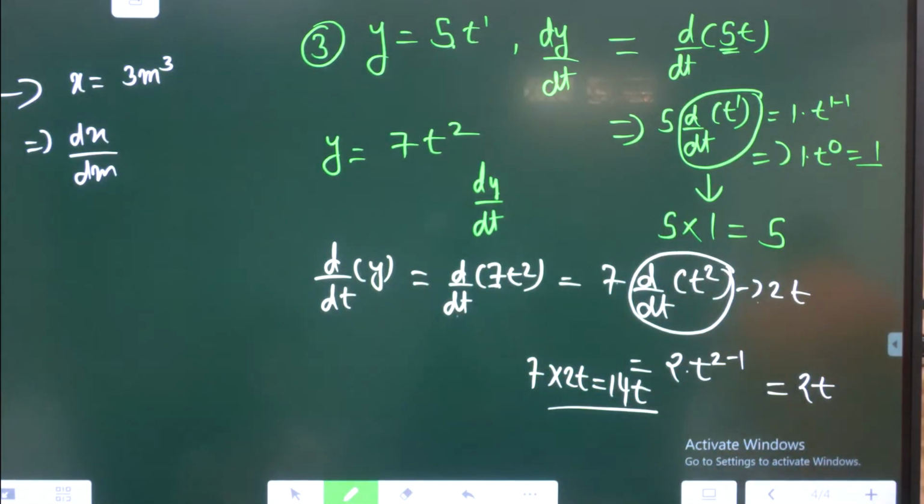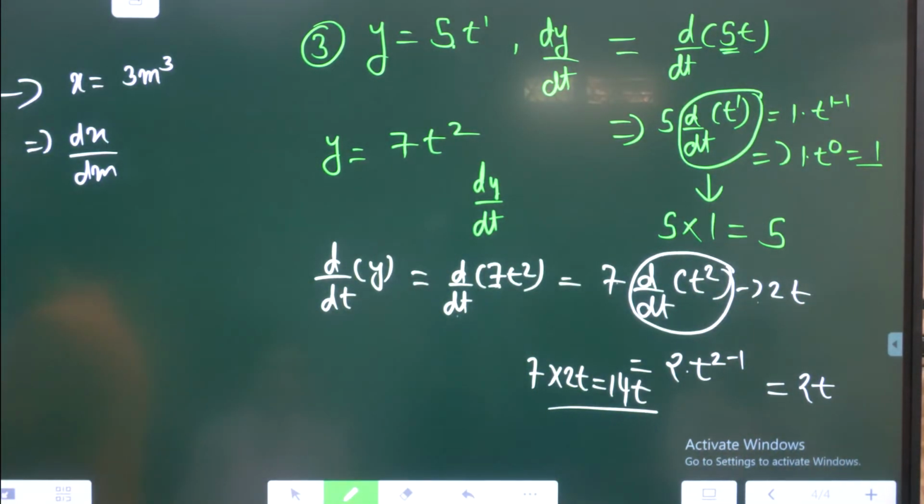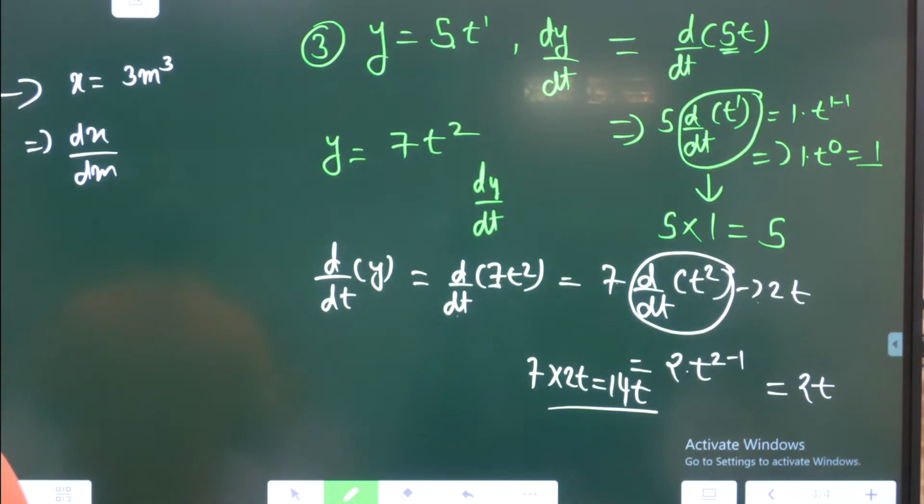Solve it. Sir, 9m². Don't know, write down the answer. I will see later. Same. 9m². What are you doing?